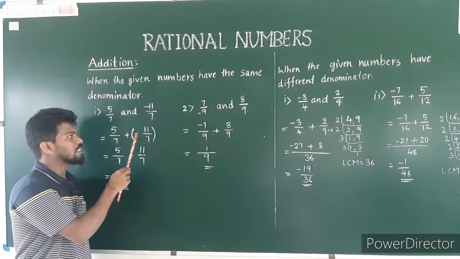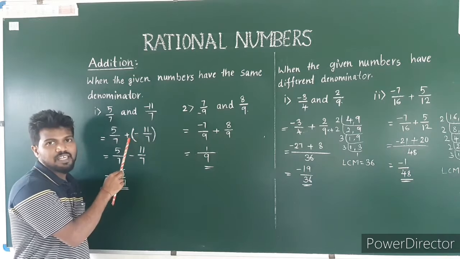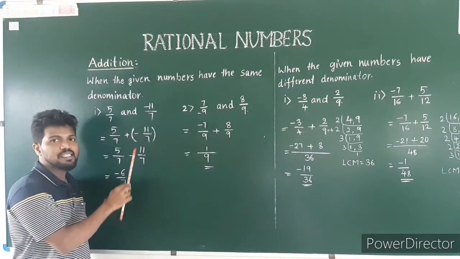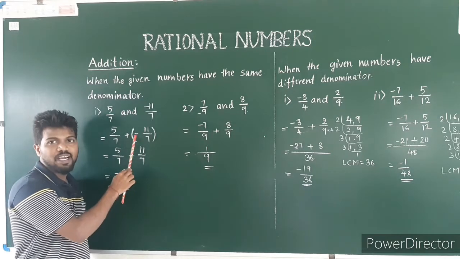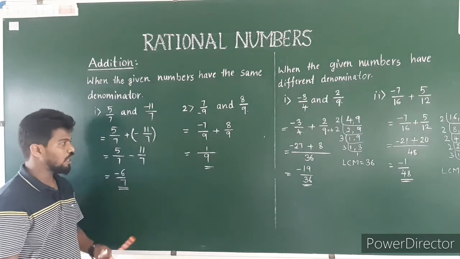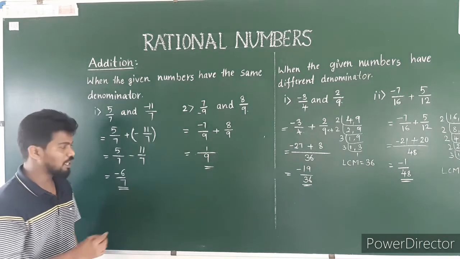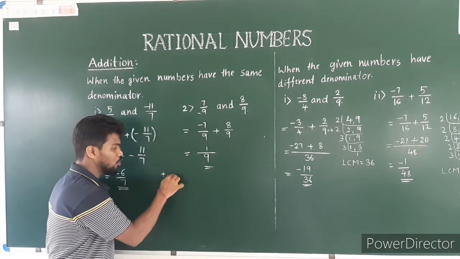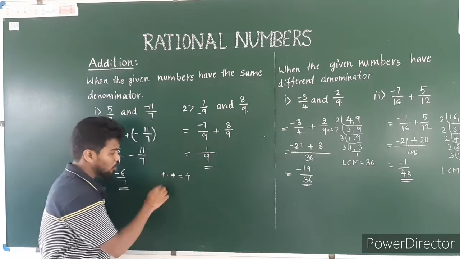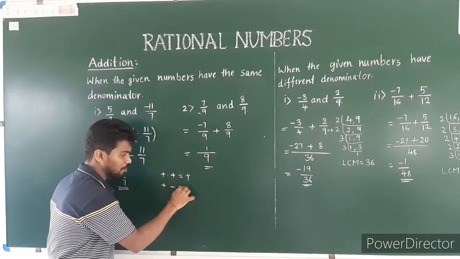So you know the multiplication of signs. Plus into minus, minus. So I show first how the multiplication of signs works. Plus into plus, you get always plus. Plus into minus, you get minus.